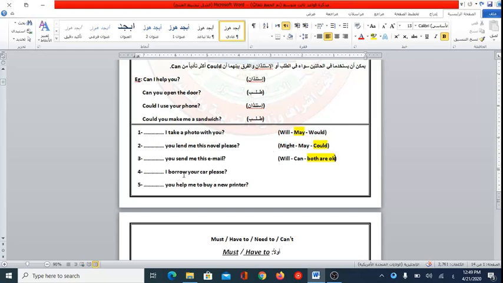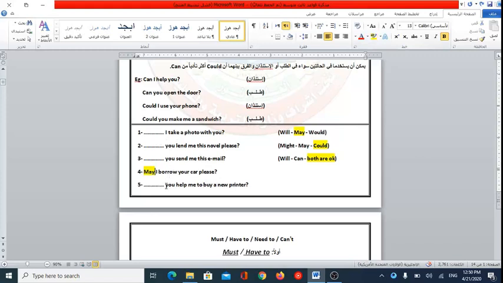Space, I borrow your car, please. I. So it's, yes, right, may. May I borrow your car, please? Okay. Space, you help me to buy a new printer.